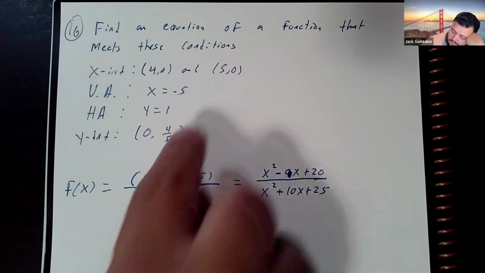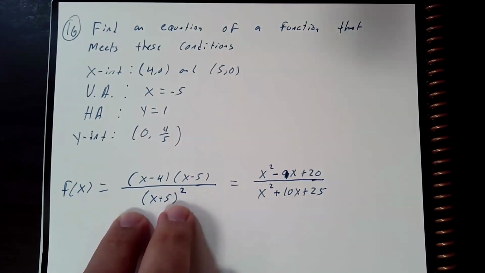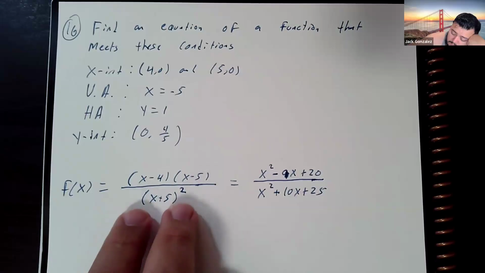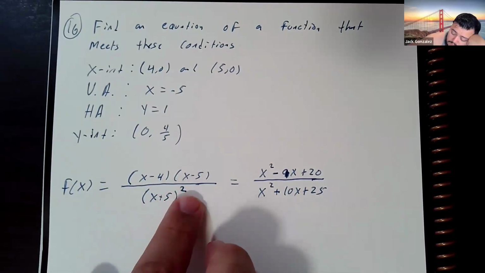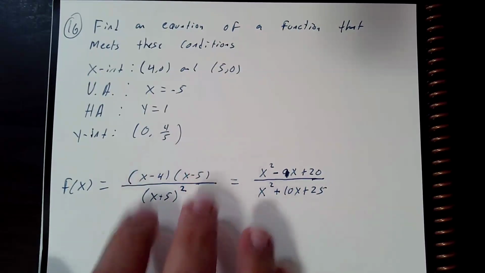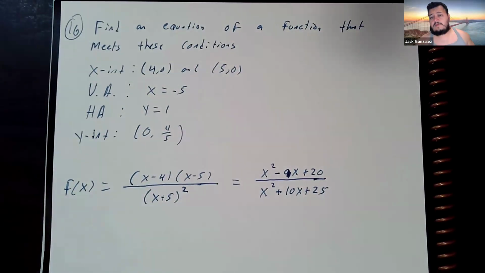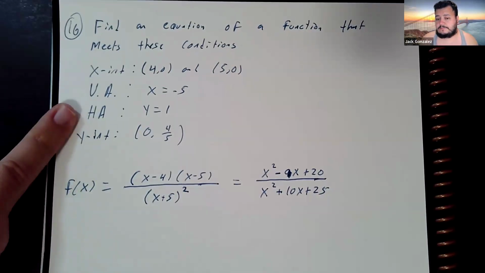Yeah, so this -5 told me that x plus 5 should be at the bottom. But the square was given by knowing that the degrees must be the same. So I couldn't just put a single one. I had to put a 2. If I put only one, then I won't get this horizontal asymptote.